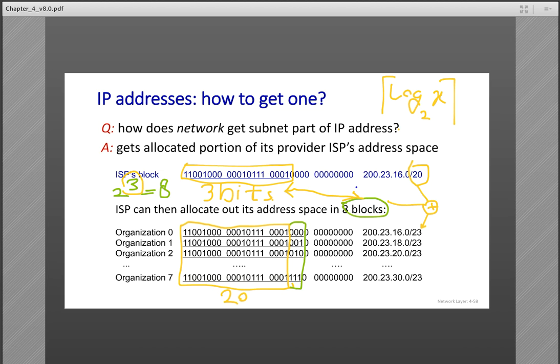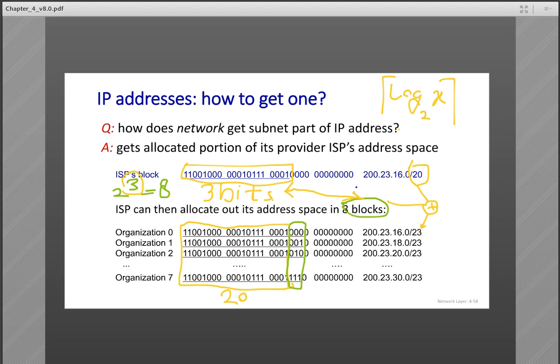By using 3 different bits, I'm making it clear which of those blocks I'm talking about. For example, the 3 bits for the first block is 000. For block 1 is 001. Block 2 is 010. For example, for block 7, it's 111.